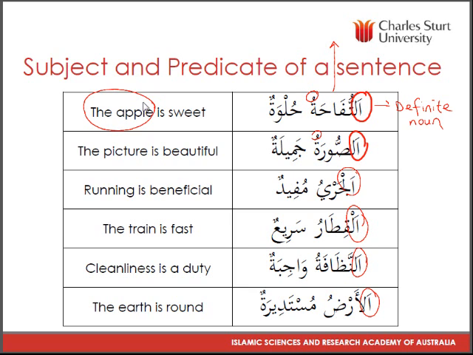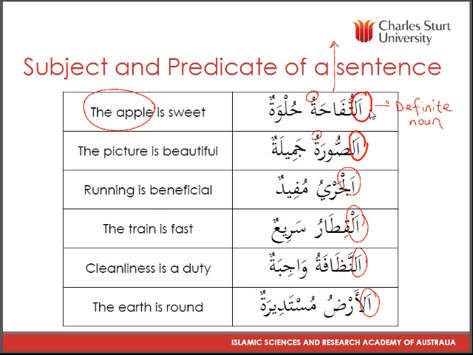Jumla ismiye has two parts. First is subject of a sentence, that this definite noun that we start a sentence, it is called al-mubtada in Arabic. It must be definite, and in these examples you will see that they are definite with al.